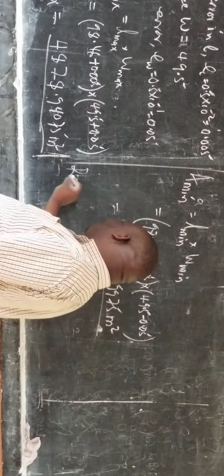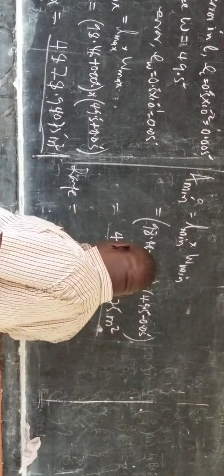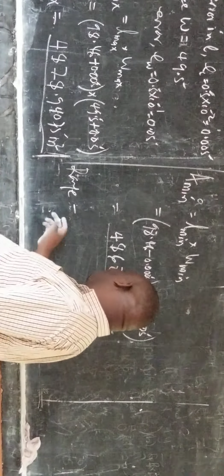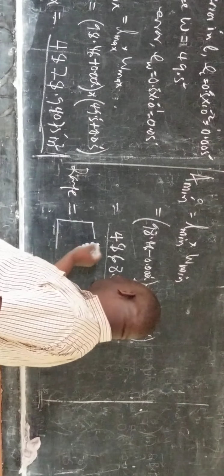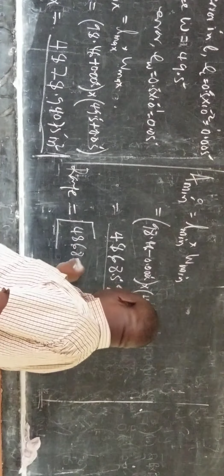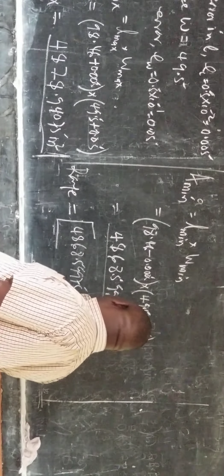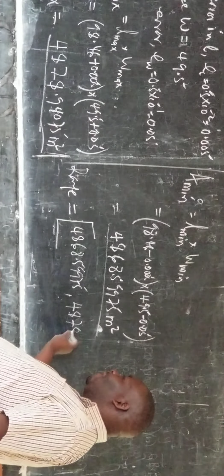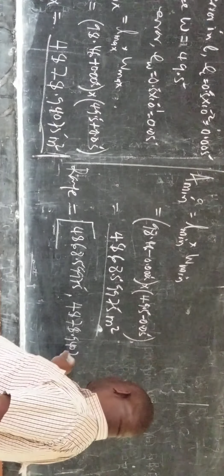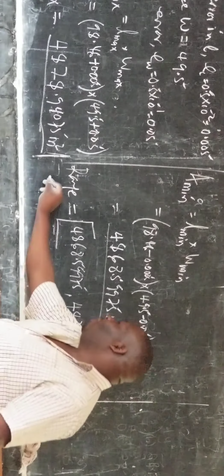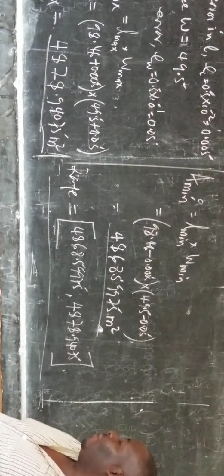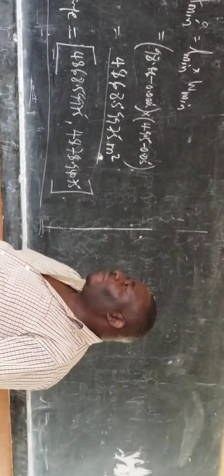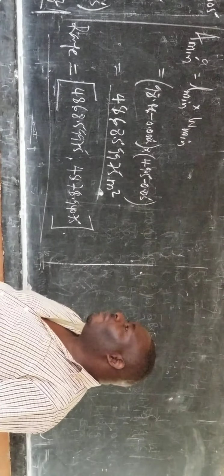So for the range, we state the minimum value, which is 4868.59975 meters squared, then we state the maximum value, 4878.94075. That's how we get the interval or the range within which the true value of the area of that plot is expected to lie.